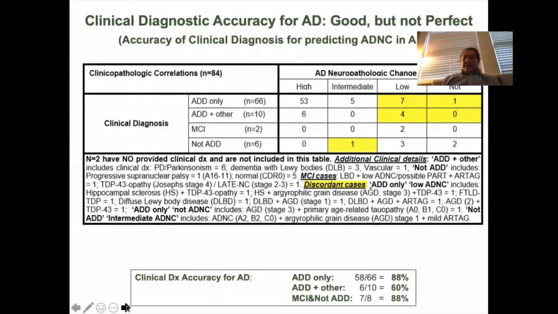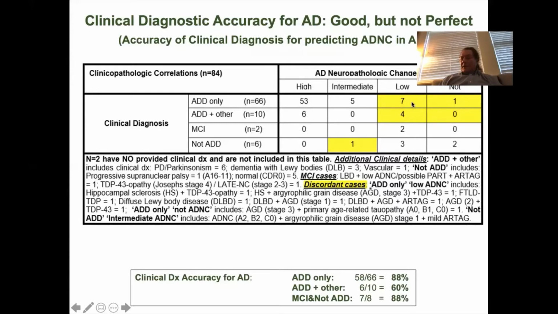But now we'll look at the correlations between the people who had Alzheimer's clinically and Alzheimer's disease measured pathologically. There is a pretty good correlation between, for example, the people who were diagnosed as having pure Alzheimer's disease clinically: 53 of them had a high amount of Alzheimer's disease on autopsy.